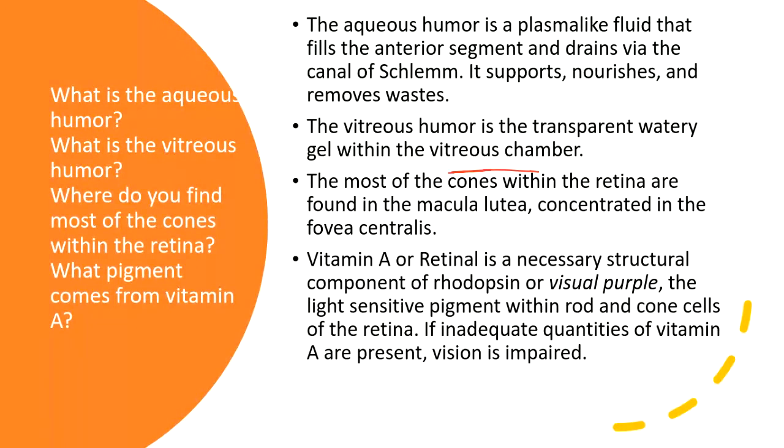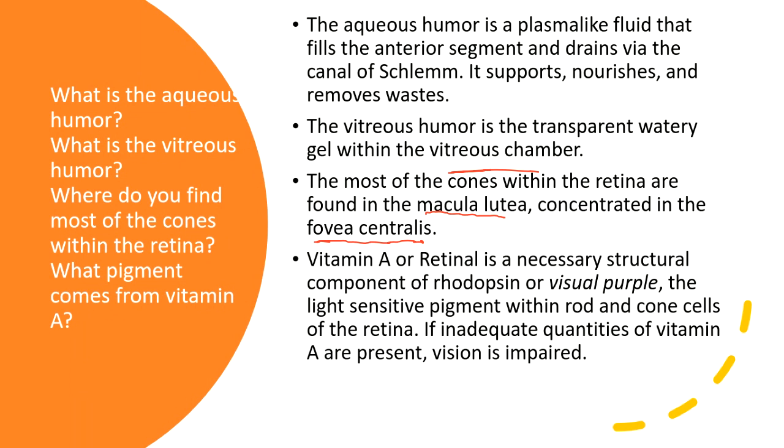Now, where do you find most of the cones within the retina? They're found in the macula lutea, okay, in the fovea centralis. That's where most of the cones are. So these pigments, vitamin A and retinol, the pigment, okay, they're a necessary component for visual purple, okay?